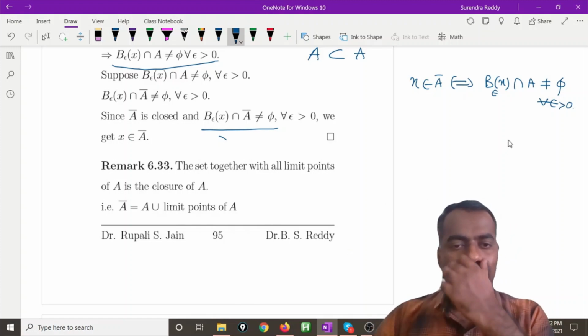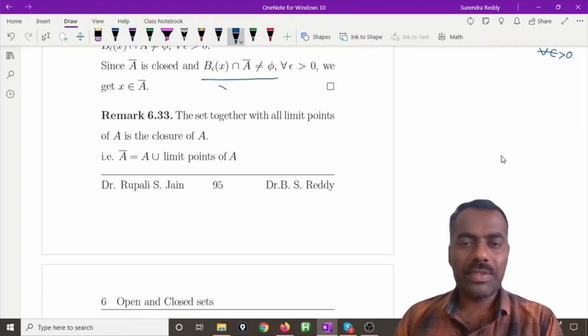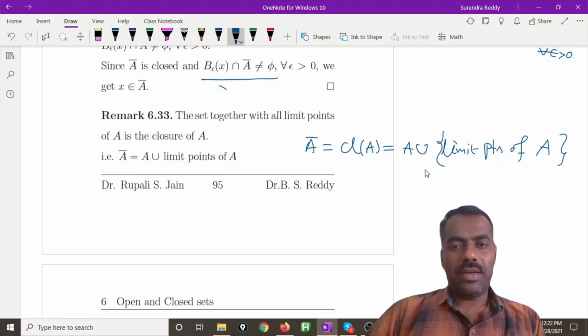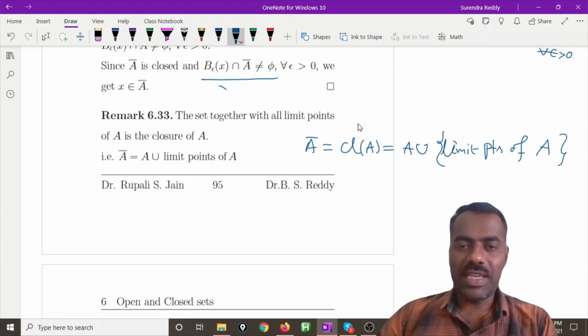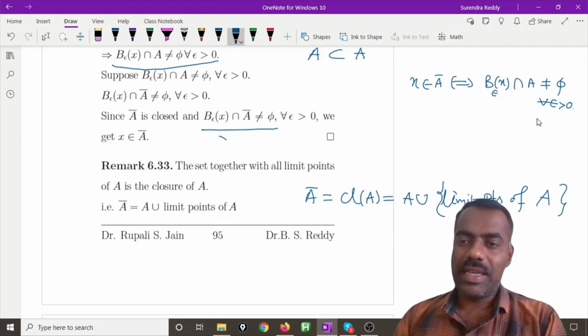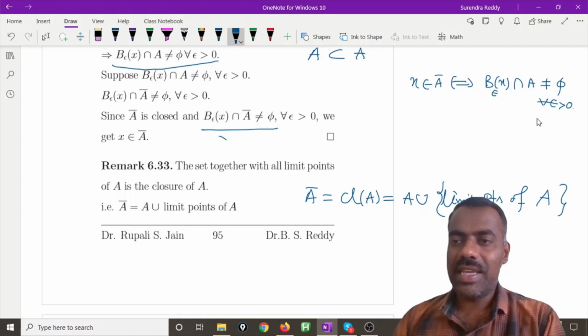Okay, now you can combine this, so you can easily prove that A bar, which is the closure of A, is nothing but A union the limit points of the set A. Why? If x is in A bar, then just now we proved that the ball intersects A, right?